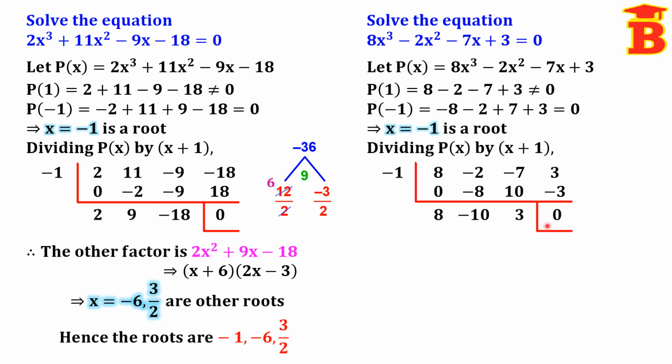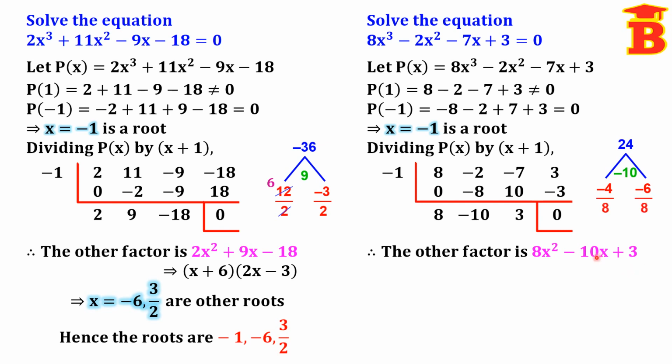The remainder is 0. The remaining numbers we take as a factor, that is 8x square minus 10x plus 3. Here the product is 8 into 3, 24. So product 24, sum minus 10.